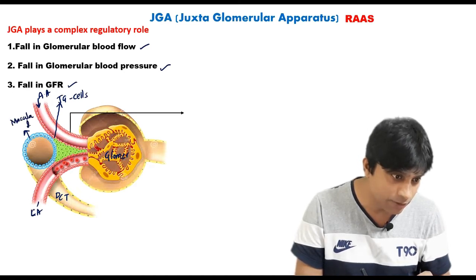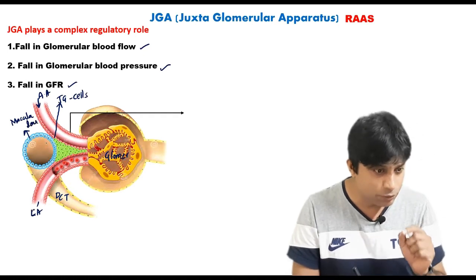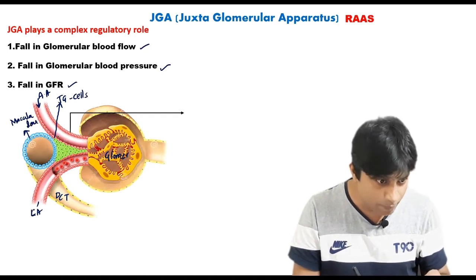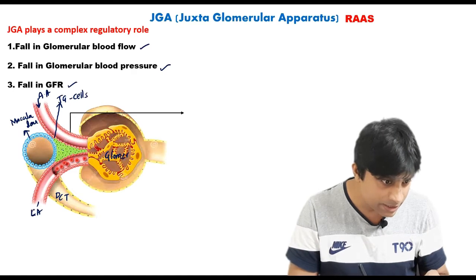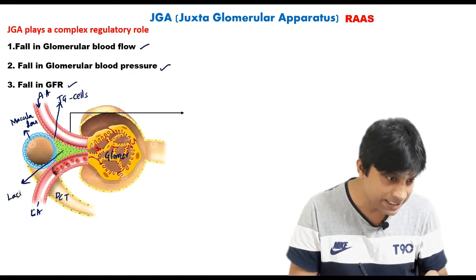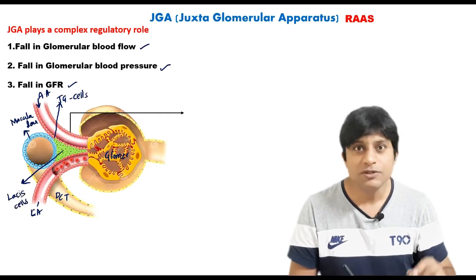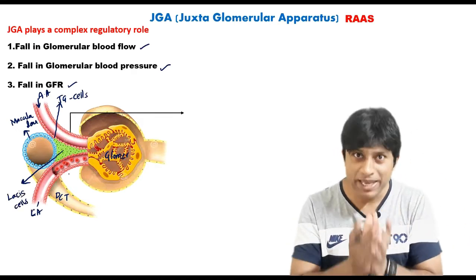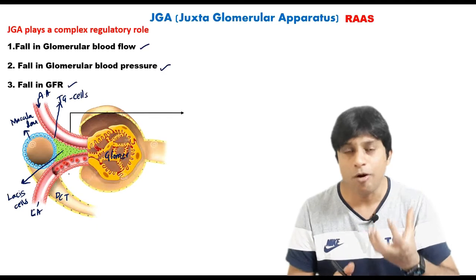This is macula densa. This macula densa and juxtaglomerular cells are connected by some other connective tissue cells, which are called lacis cells. All these three make up the juxtaglomerular apparatus.